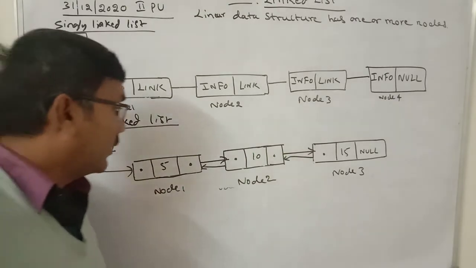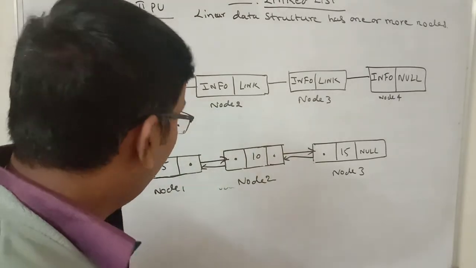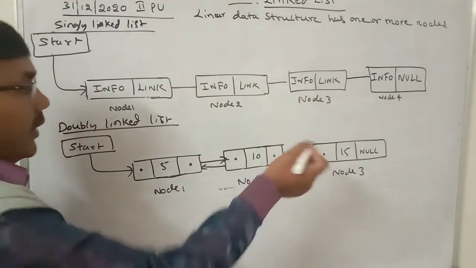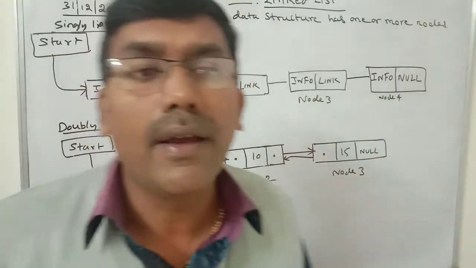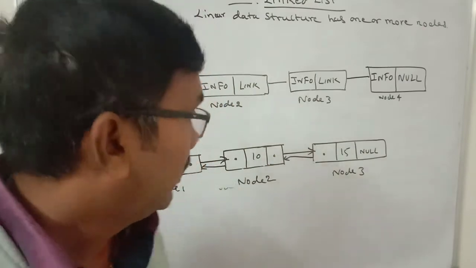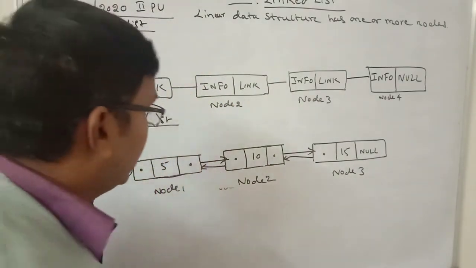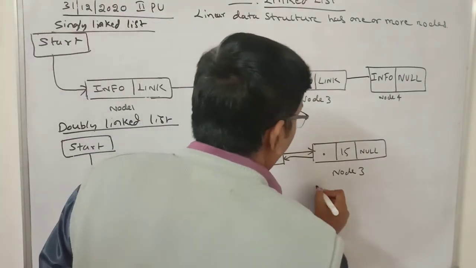That is the difference between singly linked list and the doubly linked list, and it works in both directions. But a singly linked list works in only a single direction. That we will call unidirection. Here, this we will call a bidirectional process.